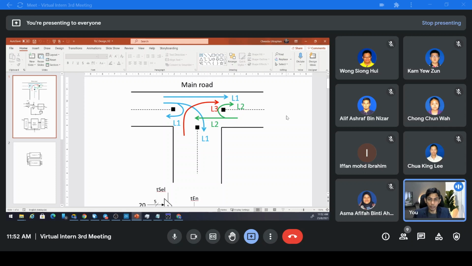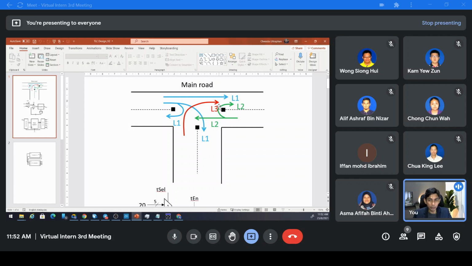L2 is from Batu Pahat to Kluang and to U-turn back to Batu Pahat. And of course, going to UTHM is always green. And L3 is from UTHM to Batu Pahat, for example. So that is the flow.